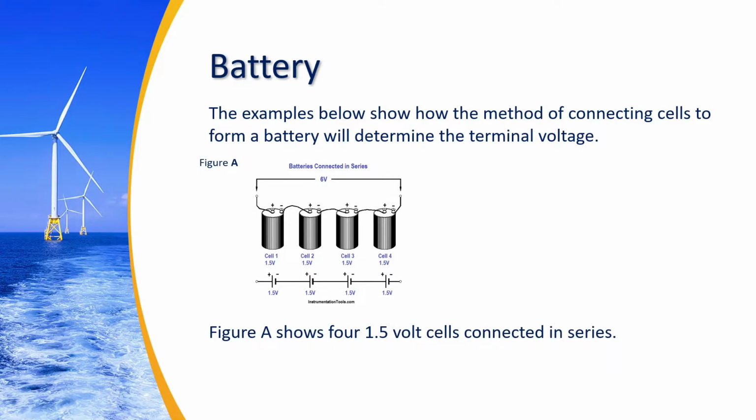So kung connected siya sa series, the terminal voltage of the battery is 6 volts. So, paano nangyari yun? So, need lang natin pag-add in lahat ng voltages. Okay? Voltage rating meron ang bawat cell. So, meron tayong 1.5 sa first cell, 1.5 sa second cell, 1.5 sa third cell, and 1.5 sa fourth cell. So, by getting the sum of those voltage ratings, nakuha tayo ng 6 volts.